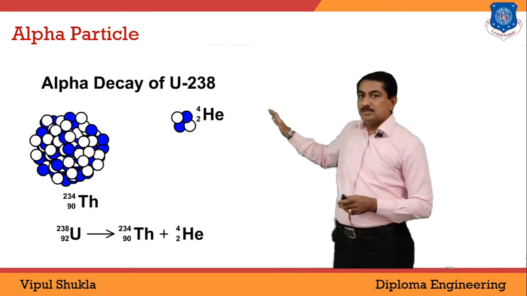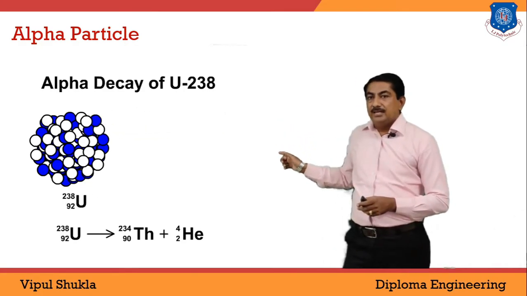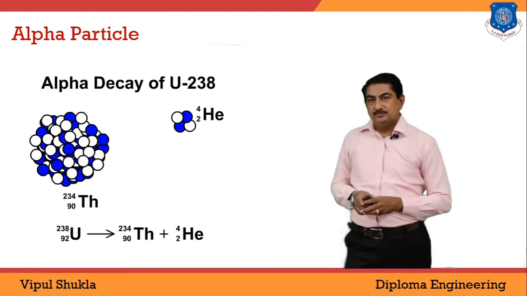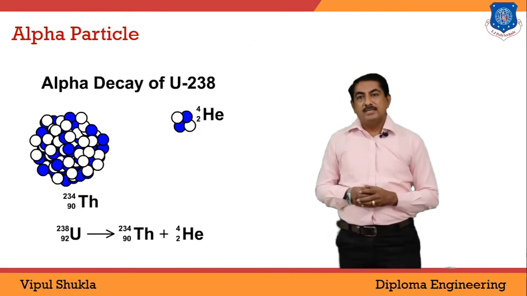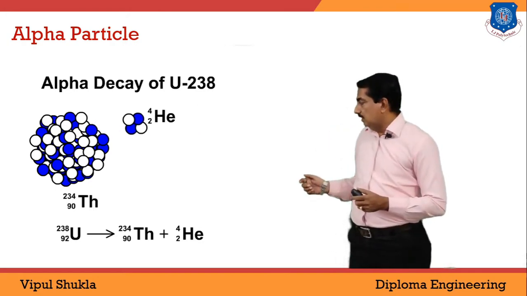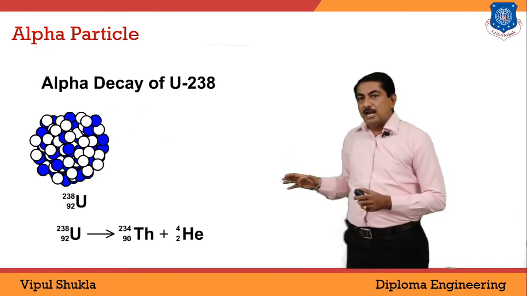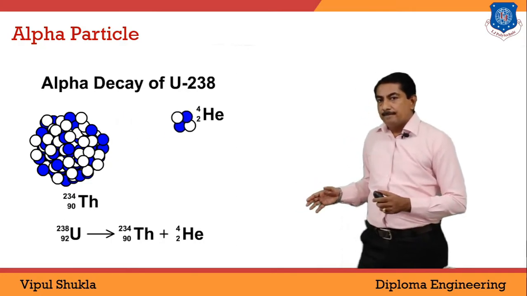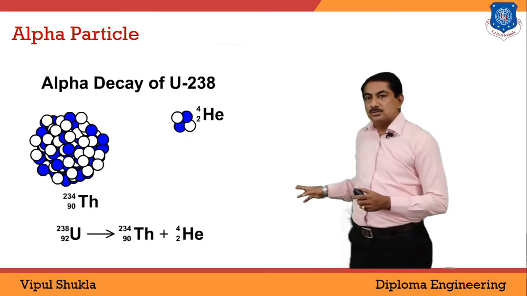Look at this animation. Here we have a parent nucleus, uranium. When it undergoes disintegration, decay of uranium takes place. At that time, it will emit the helium nucleus, the alpha particle. Now what happens in alpha emission? Look here, uranium has 92 protons.